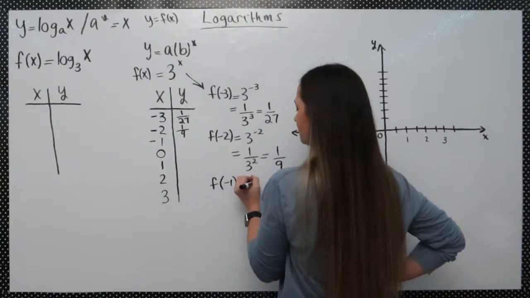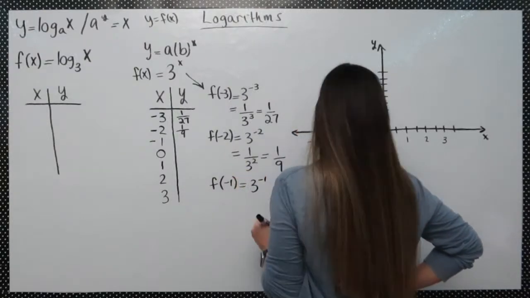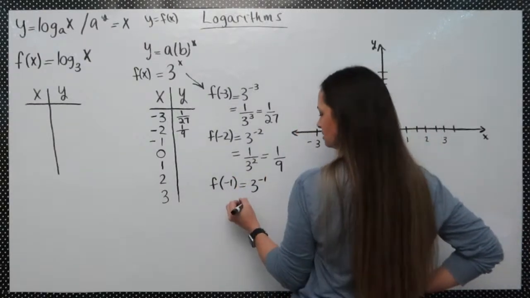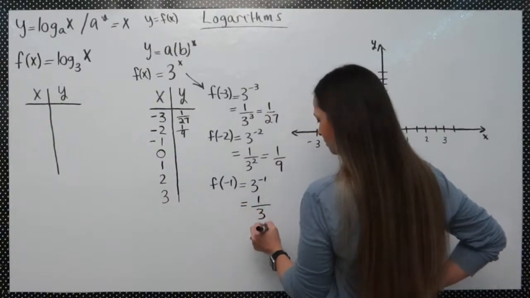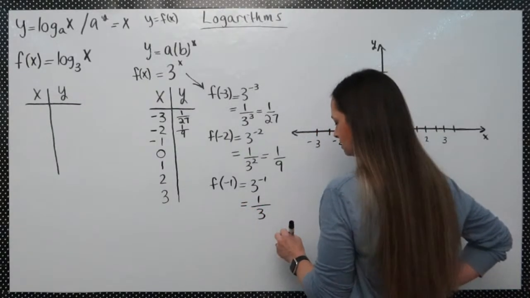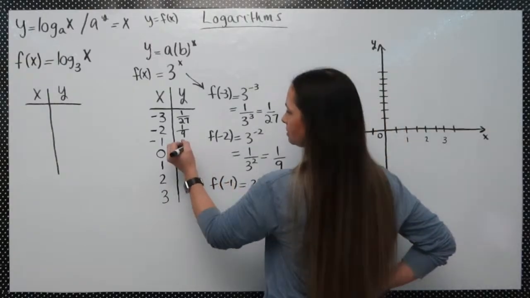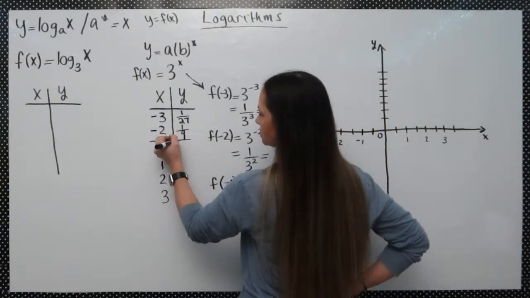All right, so we've got 3 to the -1, and I just keep looking to make sure I'm not covering what I'm writing. So 1/3. That's tragic when I notice I do that.